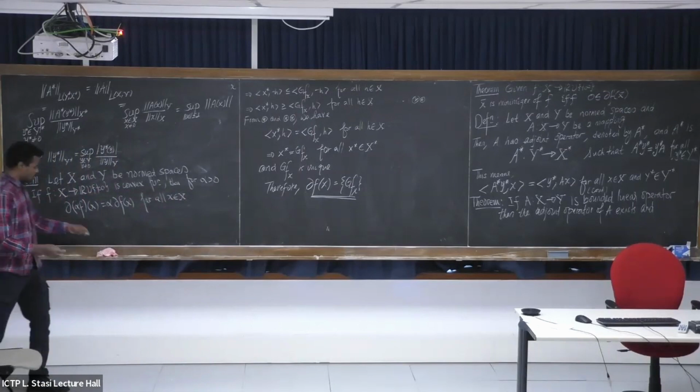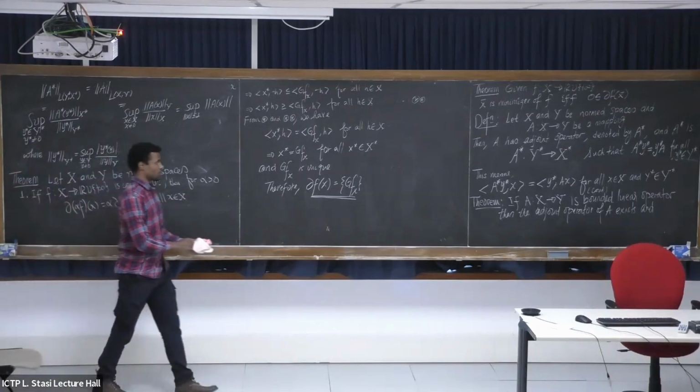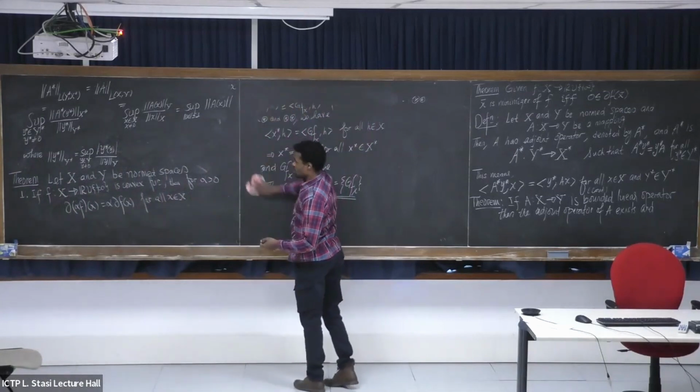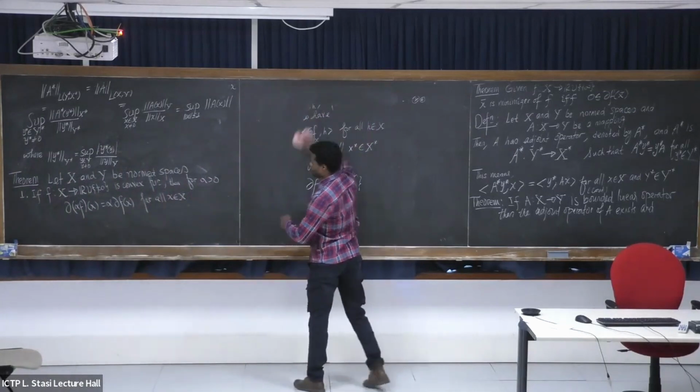If we have two functions operating on the same space, what is the subdifferential of their sum?